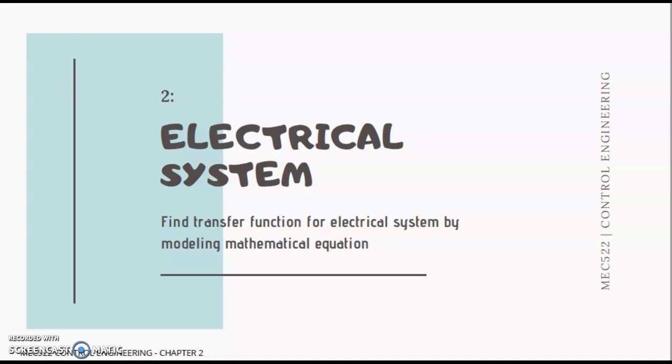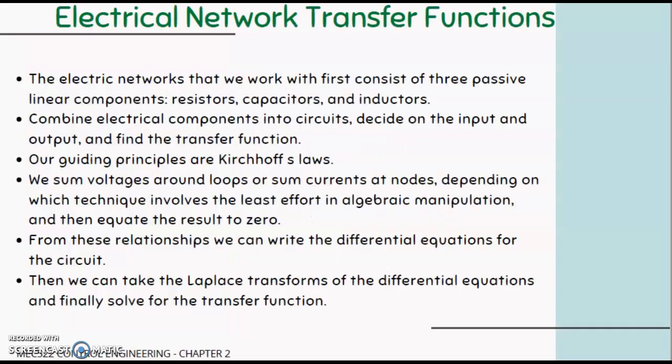Same as mechanical, for the electrical system, first you need to model the equation, and then you can find the transfer function. This is the concept of the electrical network transfer function.